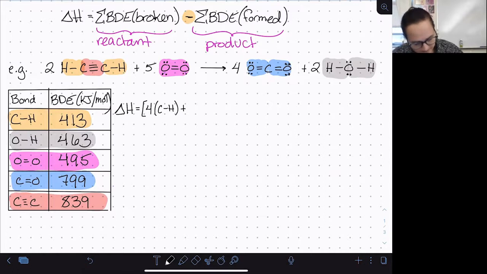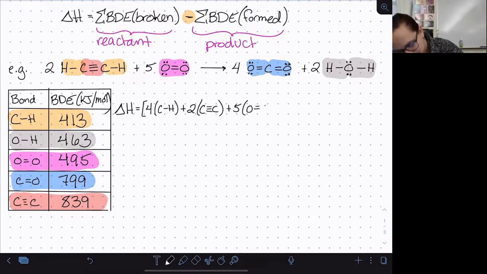This coefficient of 2 also applies to the carbon-carbon triple bond, but there's only 1 per molecule, giving us a total of 2 carbon-carbon triple bonds. We also have 5 oxygen-oxygen double bonds. And that will take care of the reactant side of things.